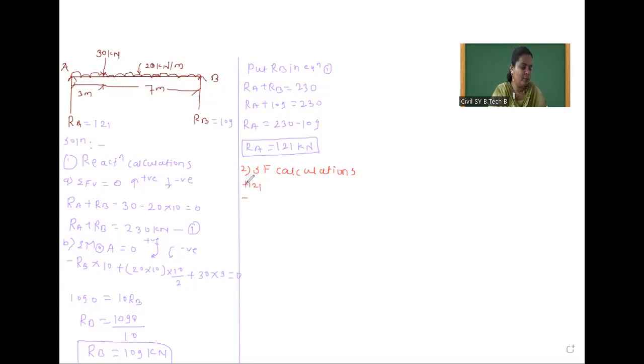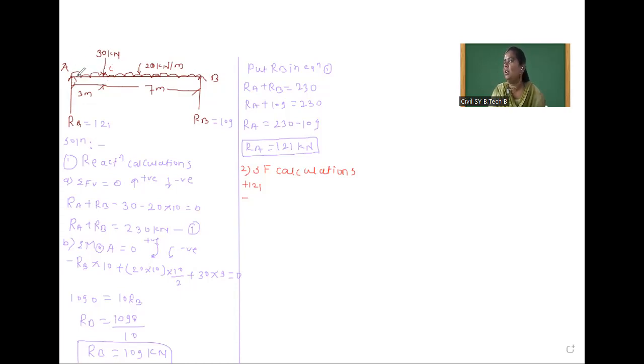Suppose this is point C. In between A to C, there is a uniformly distributed load. So first we have to consider this, and after that we consider the 30 kilonewton. In the previous problem there was no force in between A to C, that's why we took the point load directly. But in this case there is a force in between A to C, so first we have to consider this force.